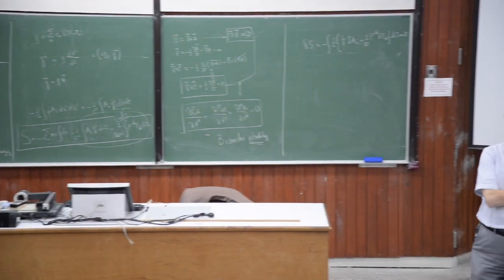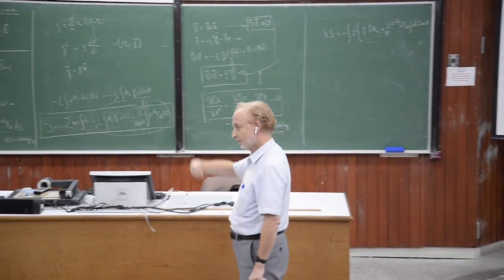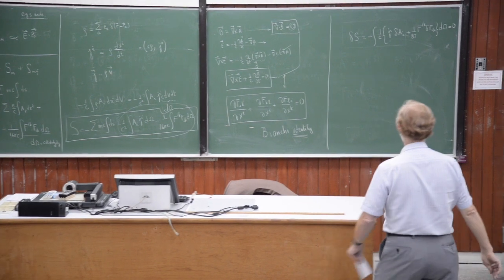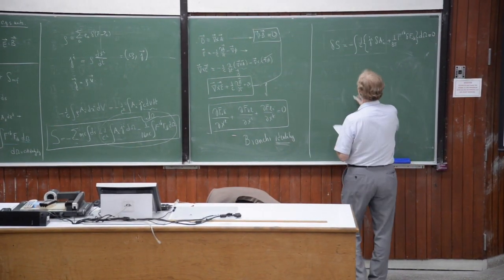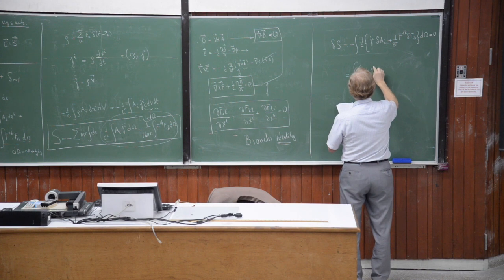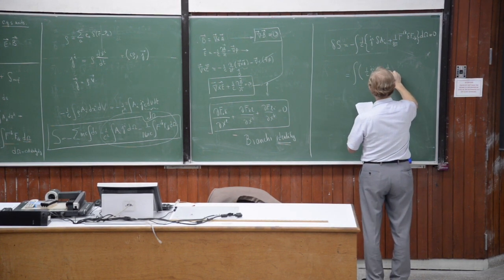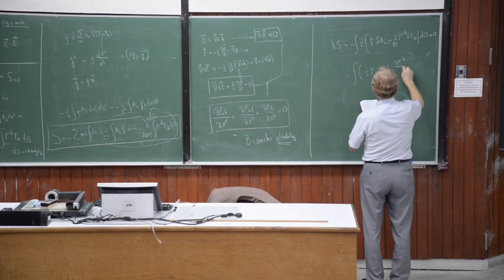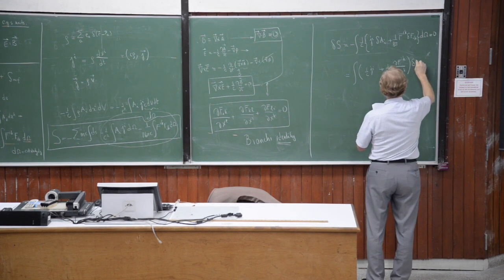Now I'll save you the pain of the algebra in between. But this is where you start. And what you end up with is this. So this is equal to 1 over C J_i plus 1 over 4 pi partial F_IK partial x_k delta A_i.